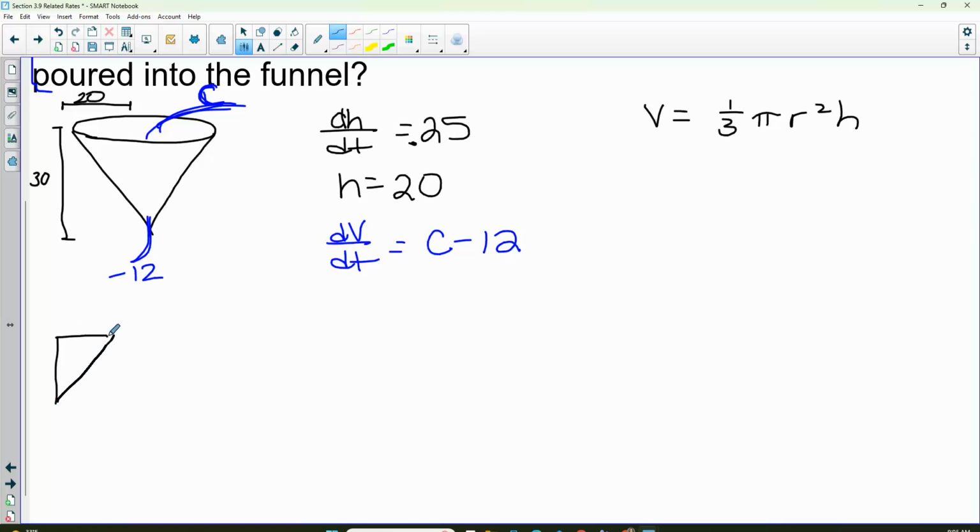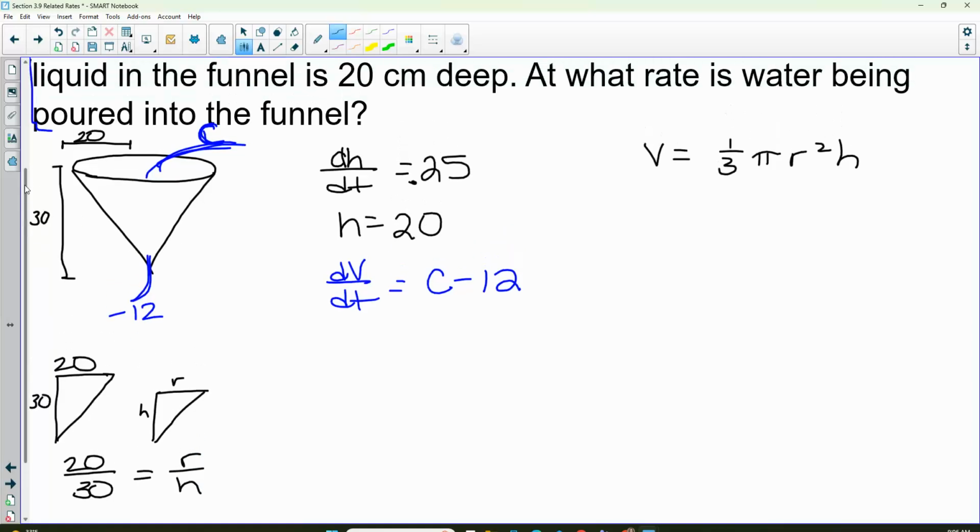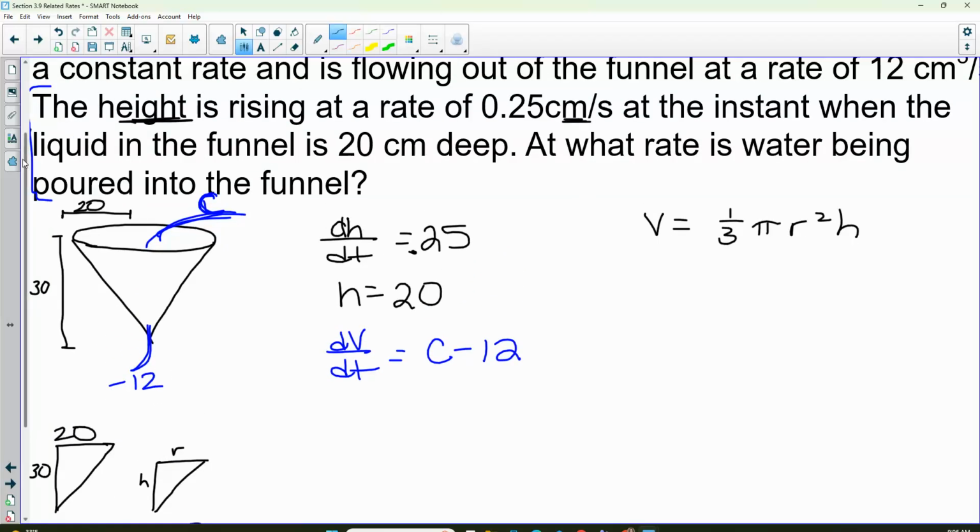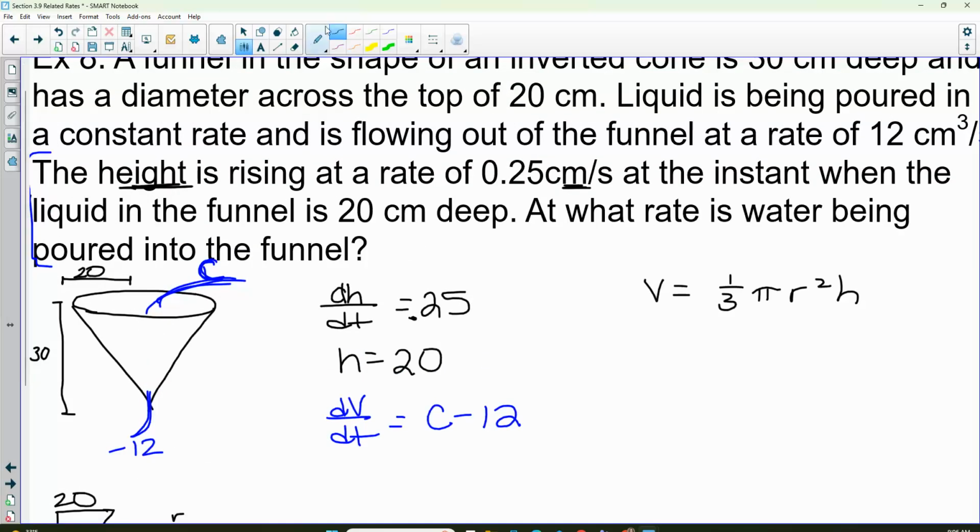In the whole cone, the radius is 20 and the height is 30. So we can think r over h. Was the diagonal. Oh, was it? Yeah. Thank you. Yep, I just labeled it as radius. So if my diameter is 20, my radius would actually be 10. Thank you.